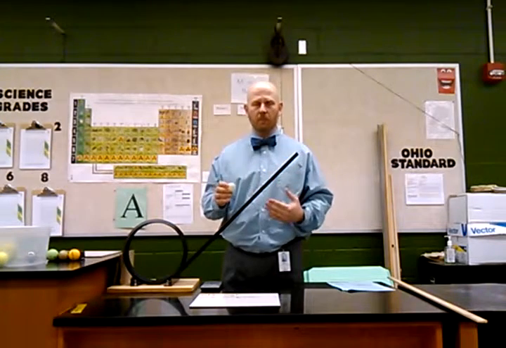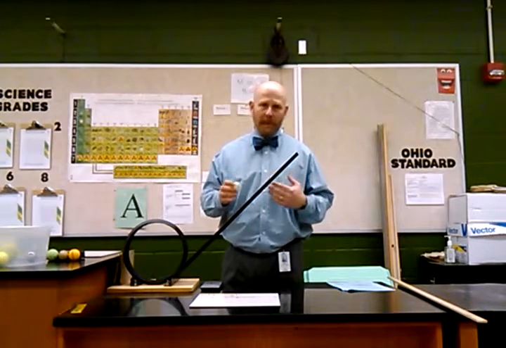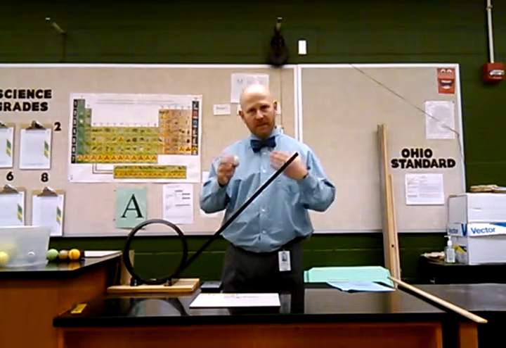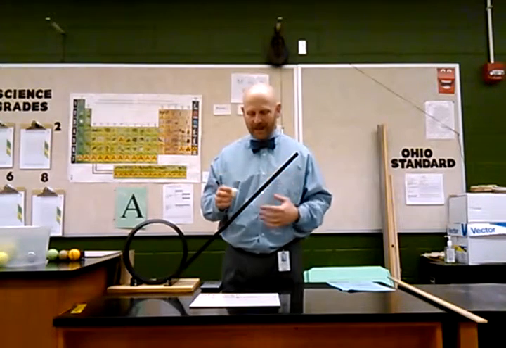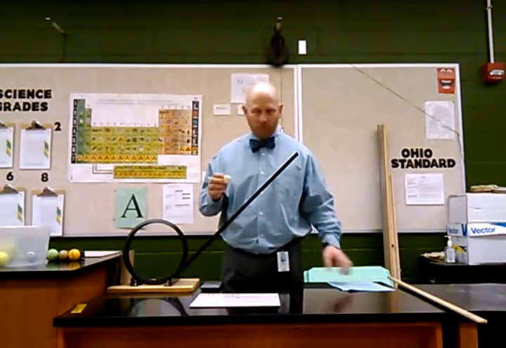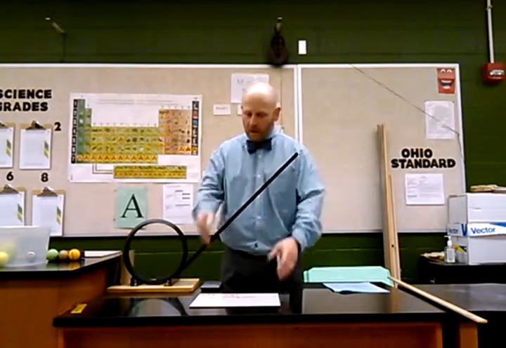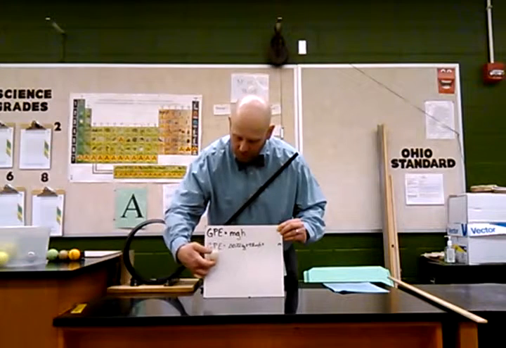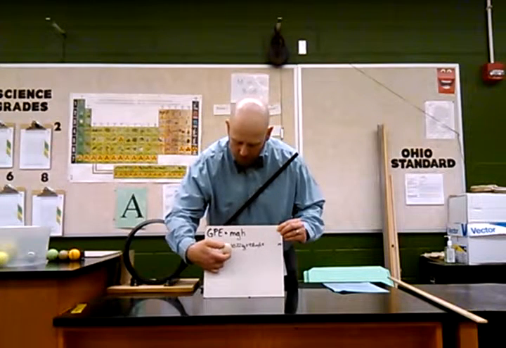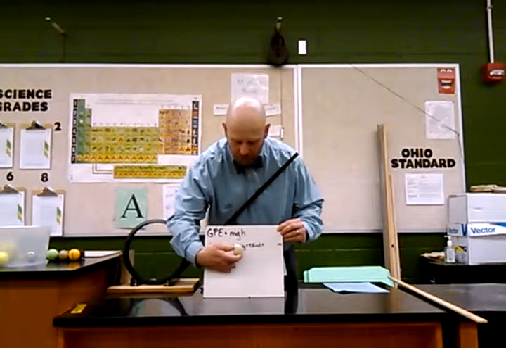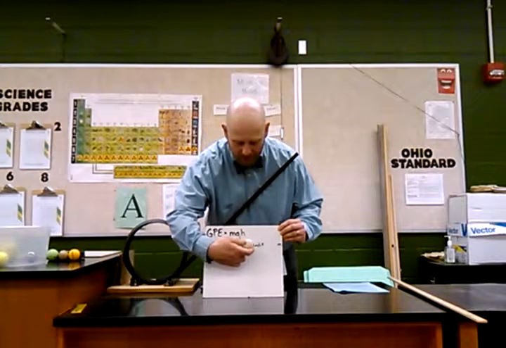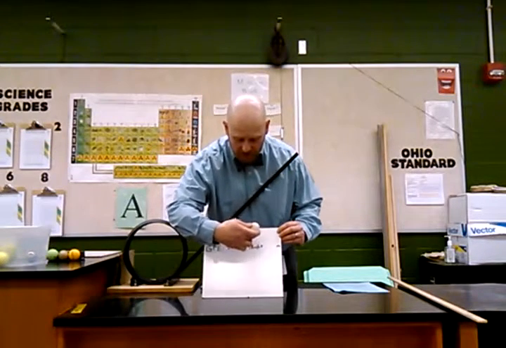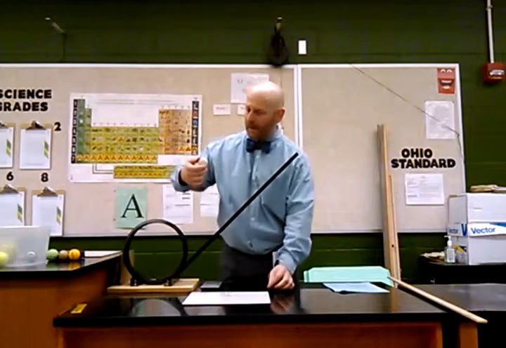We're always going to multiply by 9.8 meters per second squared. So we can set up the equation so far: gravitational potential energy equals 0.0022 kilograms times 9.8 meters per second squared multiplied by the height.